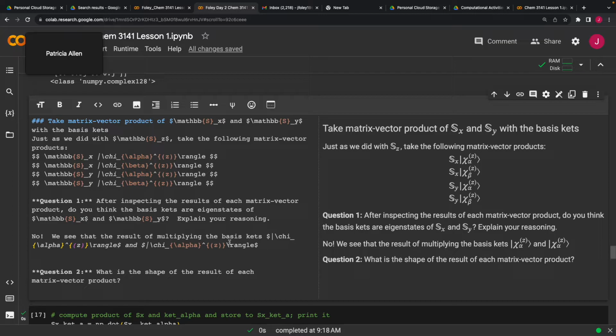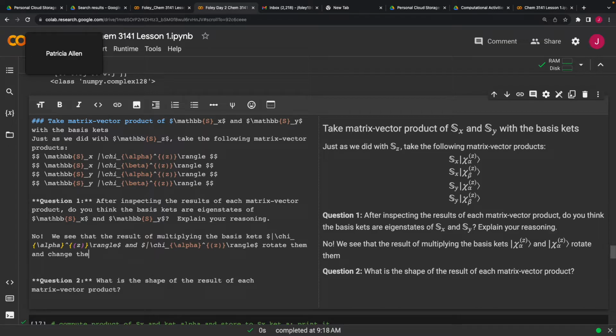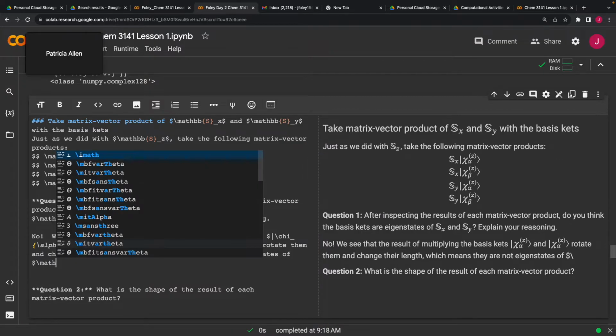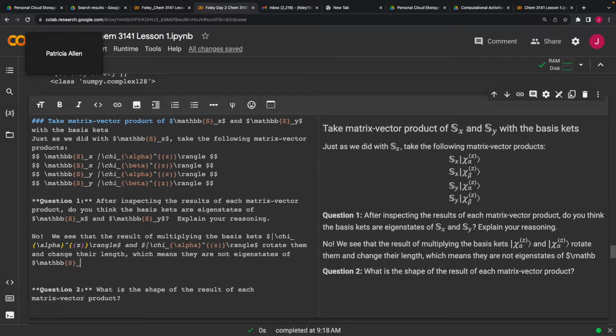No, we see that the results of multiplying the basis kets chi alpha and chi beta rotate them and change their length, which means they are not eigenstates of math bold S X or math bold S Y. Again, I'm in math mode because I've opened $, closed $, and this is just a little formatting that gives this lovely blackboard bold font to S, which is one way to signal that you're talking about a matrix.